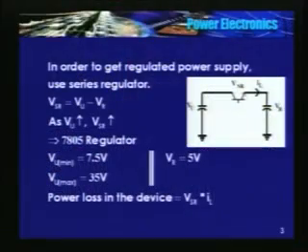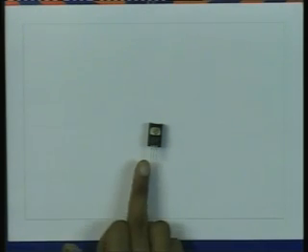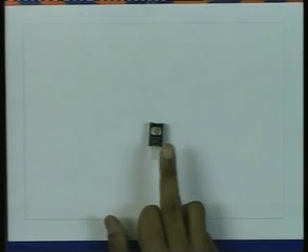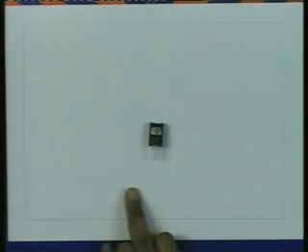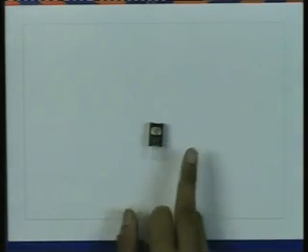In order to get a regulated power supply, we use a series regulator. Maybe in the lab you might have seen or used this regulated power supply chip, a 3-legged chip, the 78 series. For the 7805, the output is 5 volts regulated, and the input is the unregulated voltage.